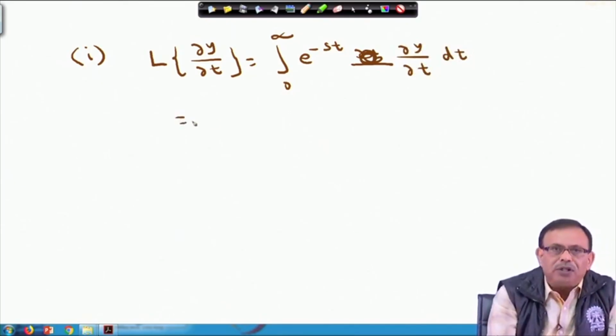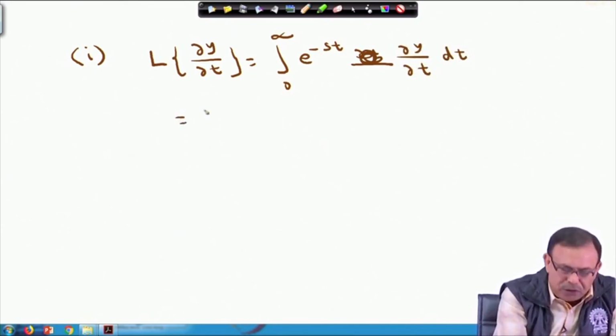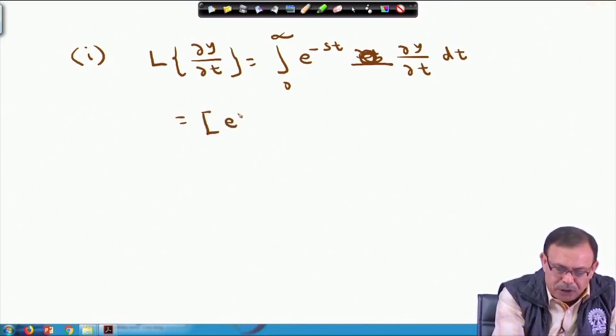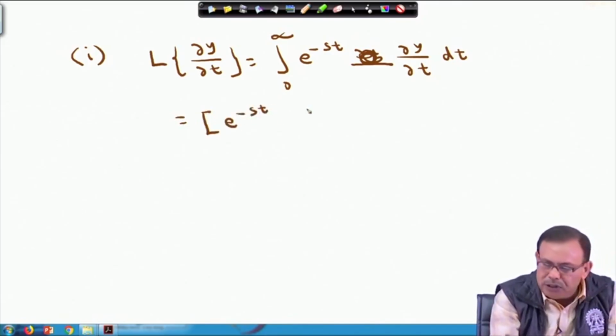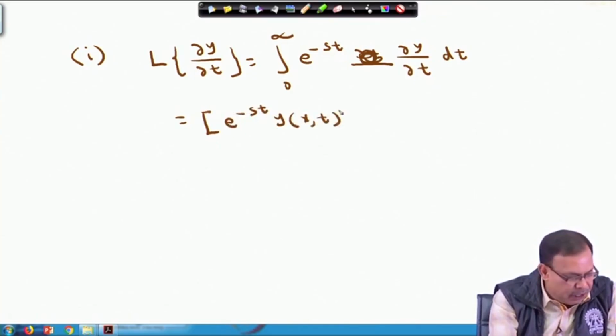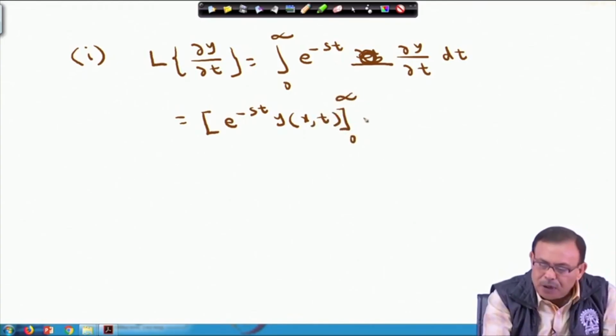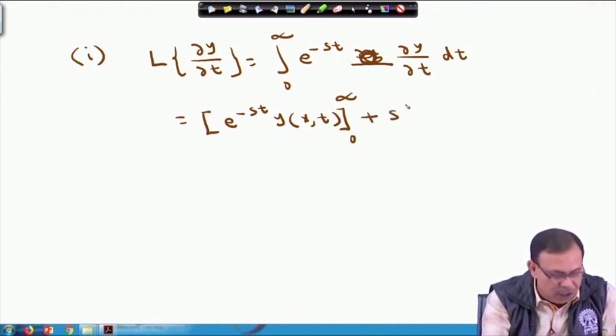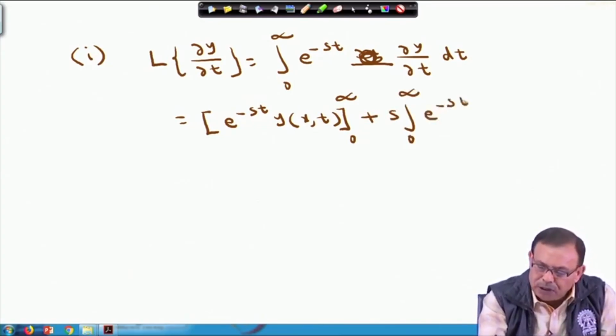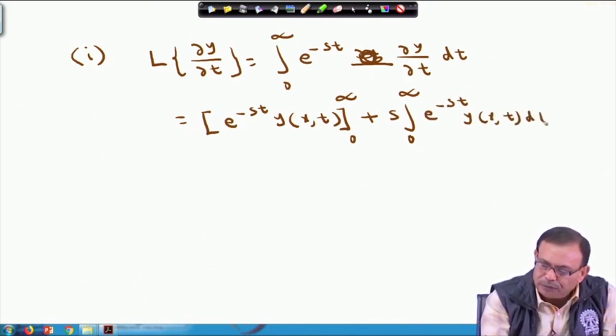If I use integration by parts on this particular equation, you will obtain e^(-st) into y(x, t), which is a function of x and t, with limits from 0 to infinity, plus s will come here after integration by parts, the integral from 0 to infinity of e^(-st) into y(x, t) dt.